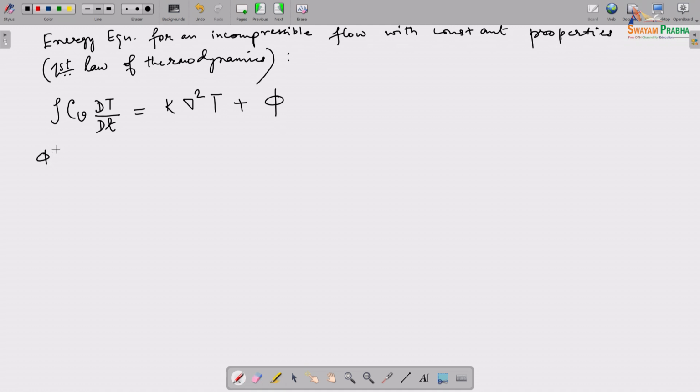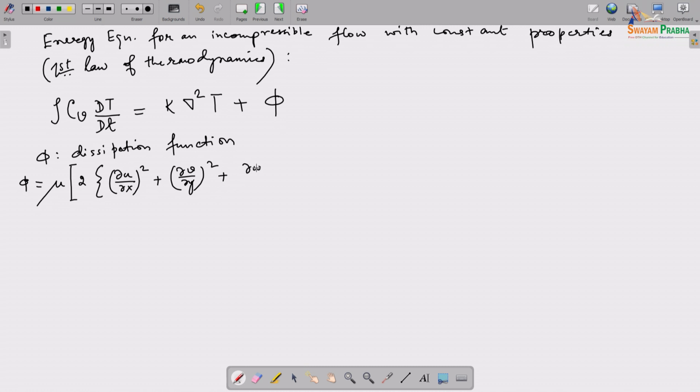So phi is essentially the dissipation function, and phi is equal to del u del x squared plus, okay, plus del v del x plus del u del y.